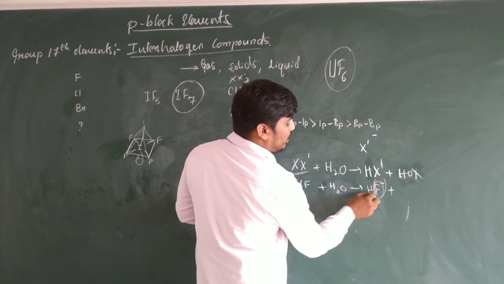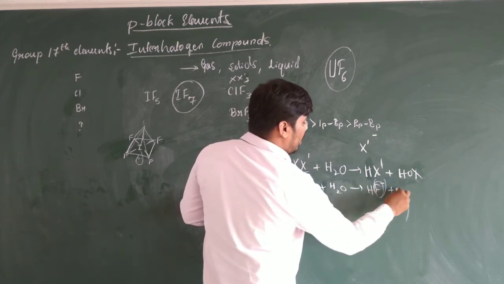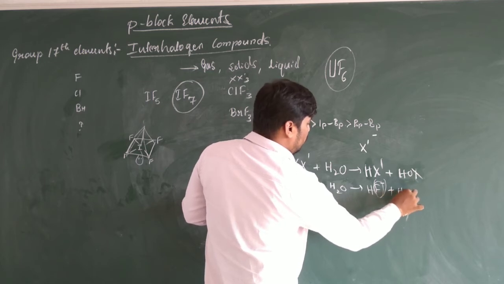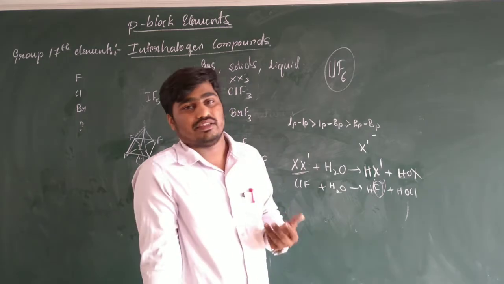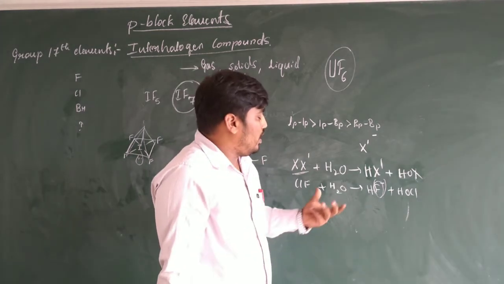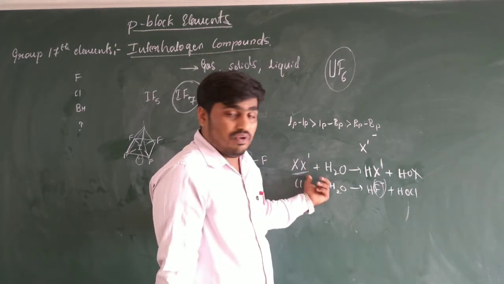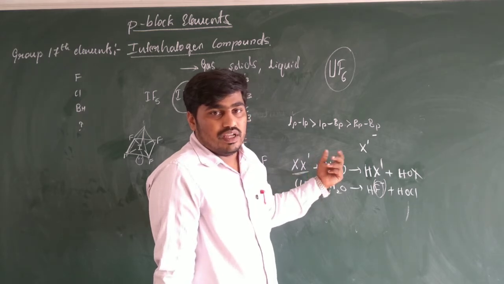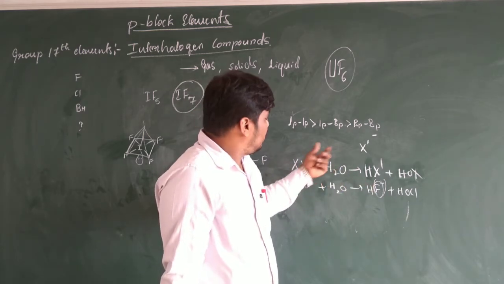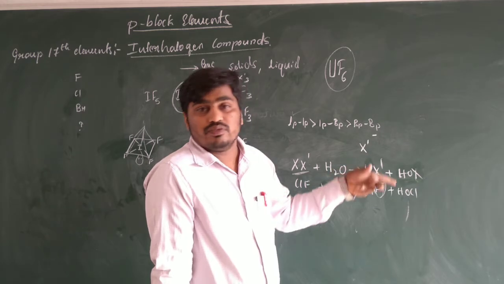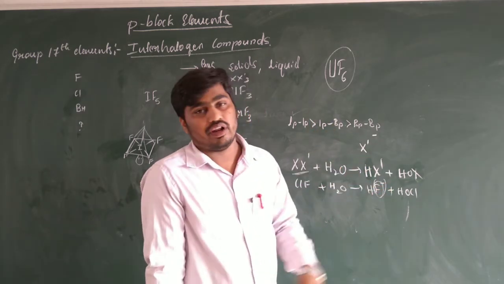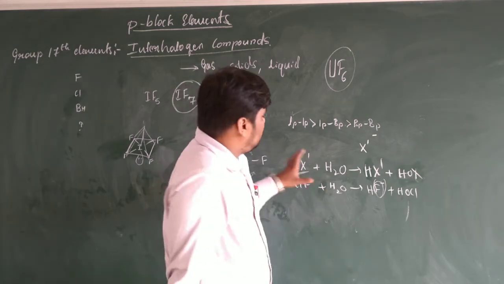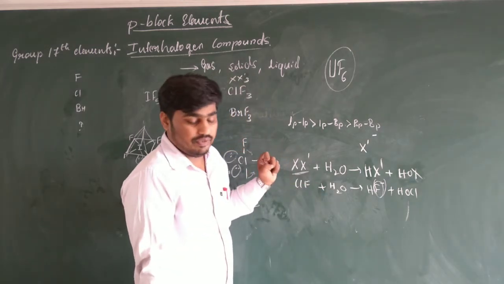Then halide and hypohalide, HOCl, oxoacids are formed. XX'3 forms halite, next XX'5 forms halate, and next perhalate. So this is about the reactivity with water.